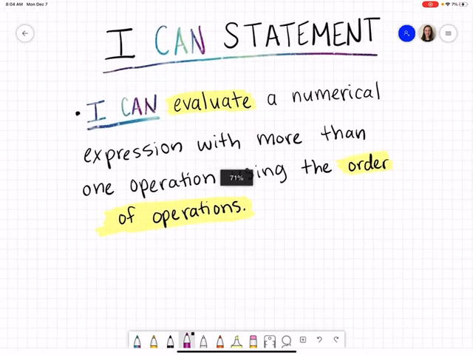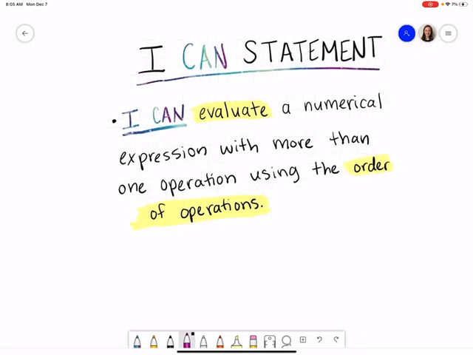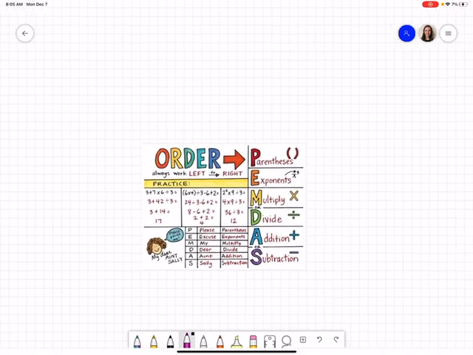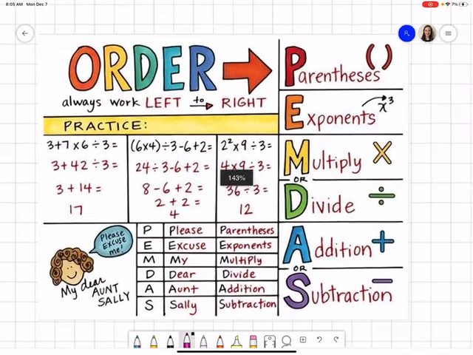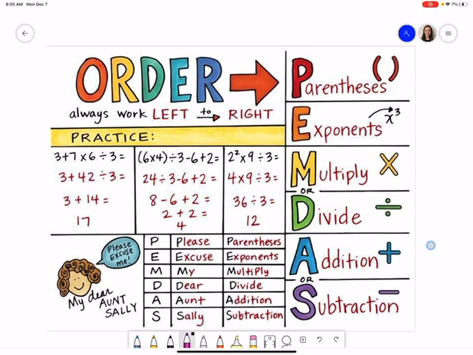There's lots of different things it could look like, but in all cases, we need to use the order of operations. Here it is being introduced. You have already done this earlier this year, but we're going to revisit it, because it was kind of difficult for us then.